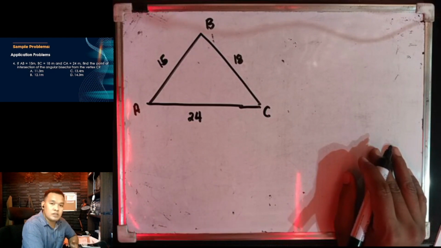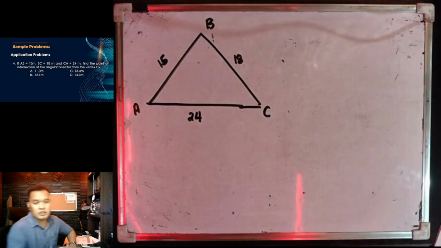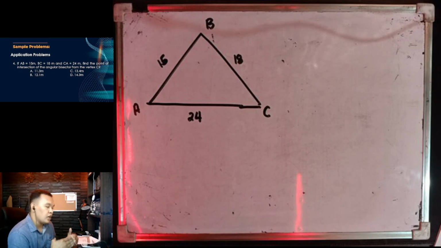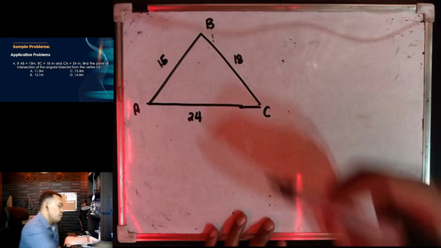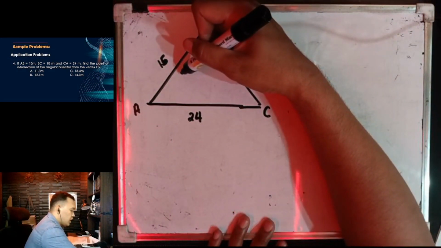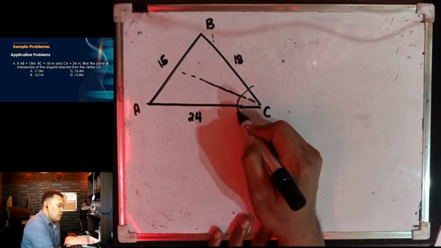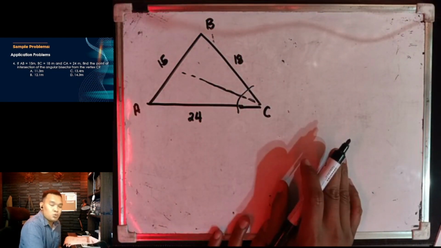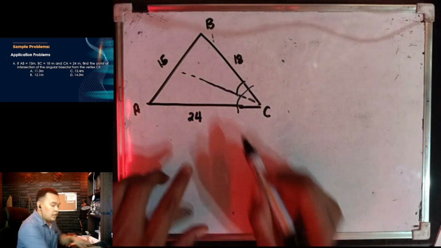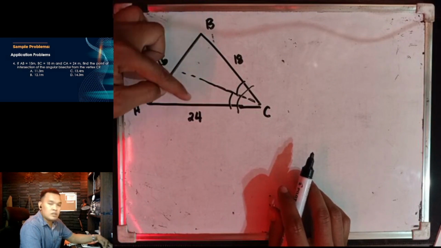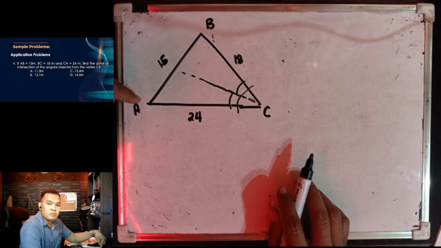Then find the point of intersection of the angular bisector from the vertex C. Kapag nagsabi tayong angular bisector, ibig sabihin, hahatiin natin yung angle in between. Yung angle C natin dito ay hahatiin into two. So, the angle here and the angle in this portion is pareho. Same goes with this part and in this vertex.